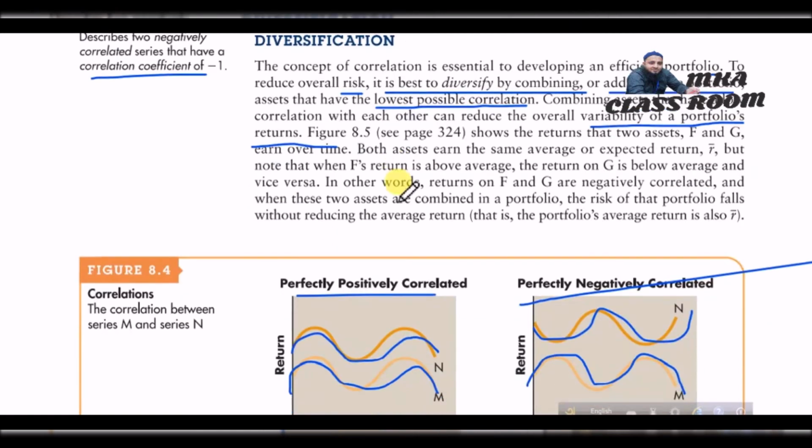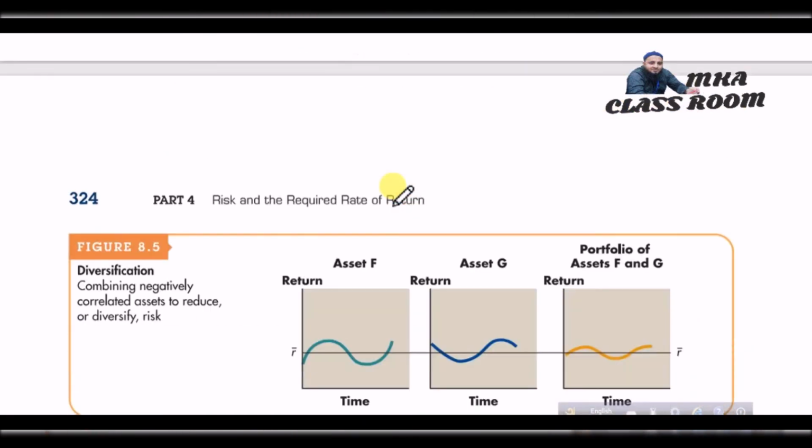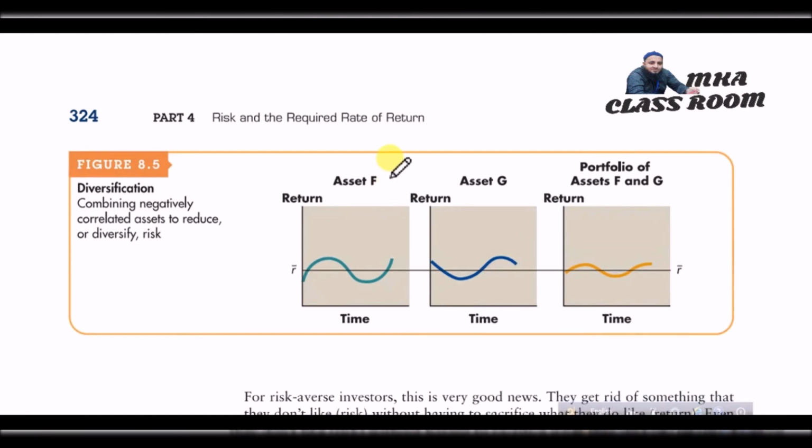So here as an example we will see a specific asset F and a specific asset G. These two assets' returns are in this way, specific asset returns. But whenever these two assets create a portfolio, then it diversifies risks.